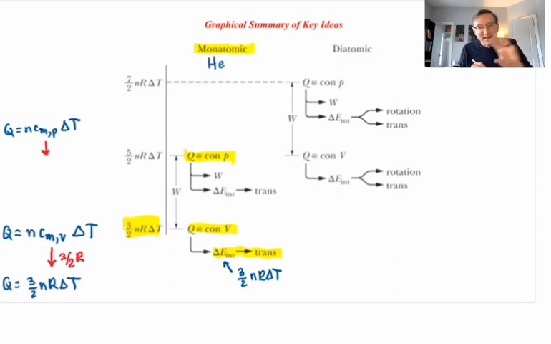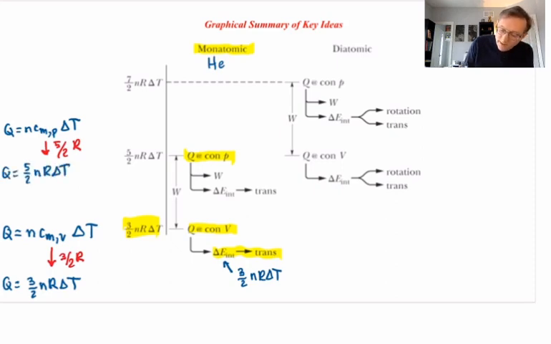All that a monatomic atom can do is translate. F is 3. 3 halves plus 1 is 5 halves. So the CmP is 5 halves times R. So the Q formula is 5 halves nR delta T, which is this higher number, 5 halves nR delta T.